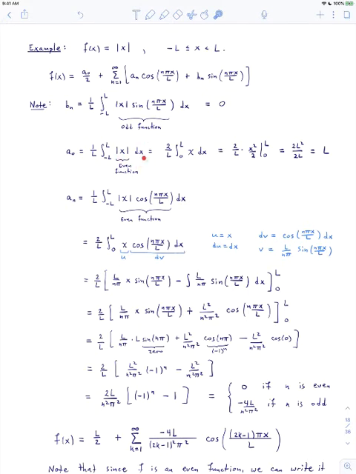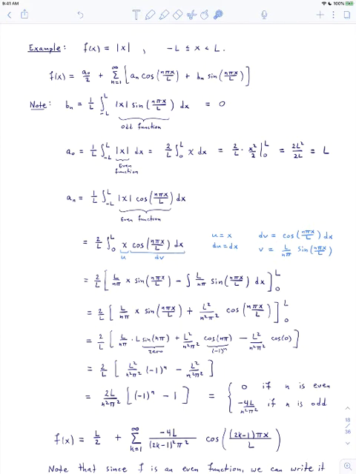So we're integrating, again, an even function over a symmetric interval, so we're going to write that as twice the integral from 0 to L. Now this is just x to the 1, so we just use the power rule, that's x squared over 2. The 2's cancel. You evaluate between L and 0, so you end up with L squared over L. This L in the denominator cancels with 1 in the numerator, and you just end up with an L. So that tells us that a0 is L.